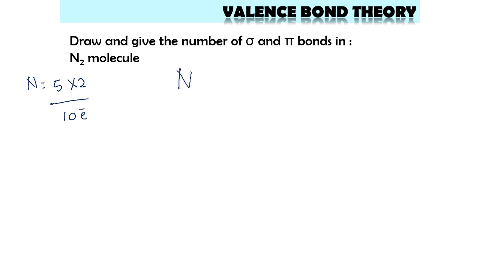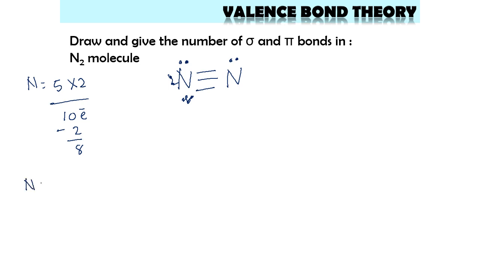So N bonded to another nitrogen, minus 2, 8, and then octet one of the terminal atom: 2, 4, 6, and you will have another 2 electron, put it here. Okay, so now this nitrogen is not octet. So, make it a triple bond. Next, this is your structure for N2.